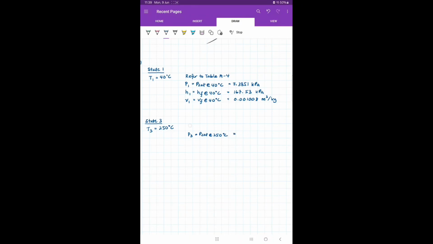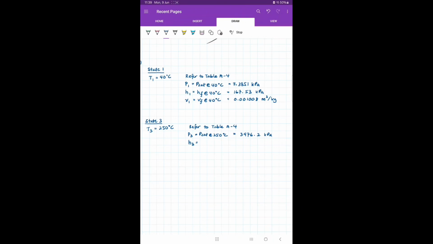So I again need to look at table A4, since the information that I have is temperature. Here you can see P2 is equal to 3976.2 kilopascal. Okay, so what else do we need? Again, we need the enthalpy at point 3.